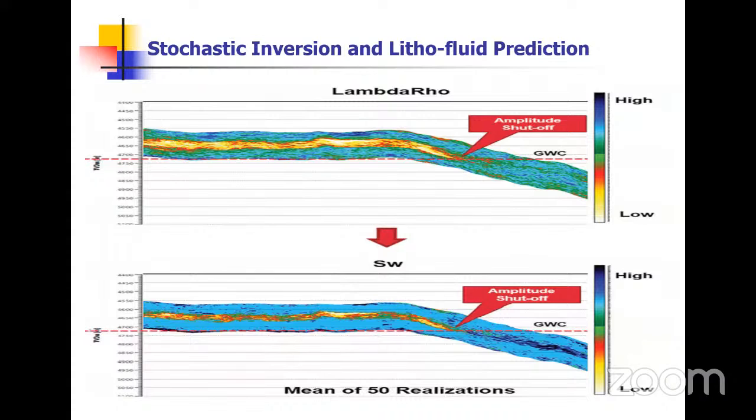What we are showing here is the mean of 50 realizations. If you take the 90th percentile or 10th percentile of the 50 realizations, it is not giving you this picture. You're taking the mean because it's more like an average. It's closer to the truth.